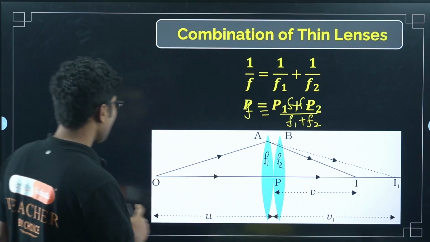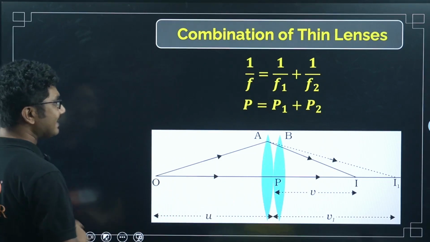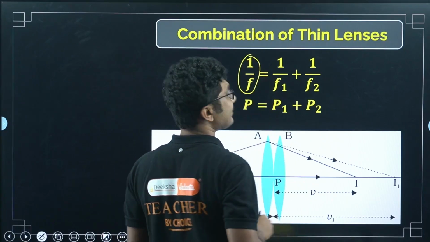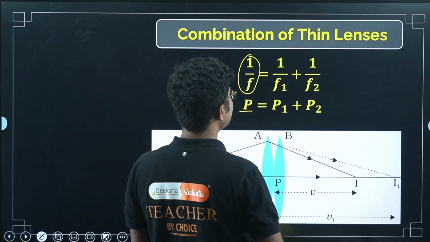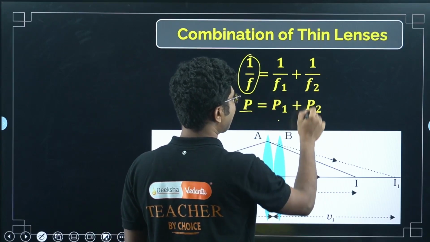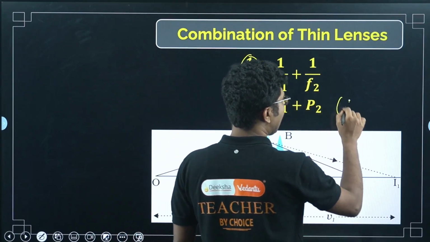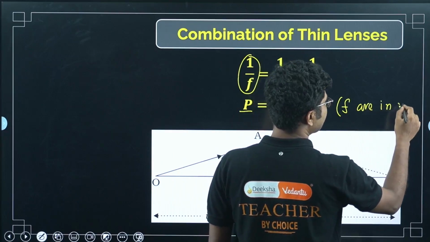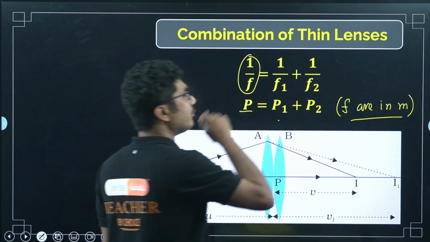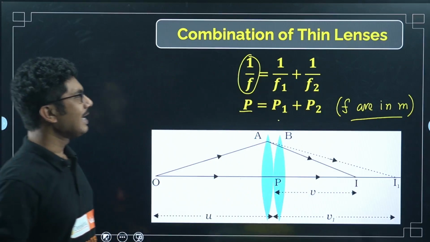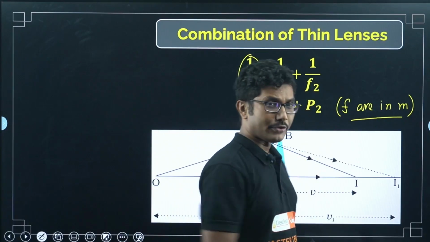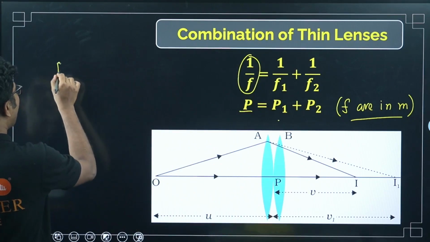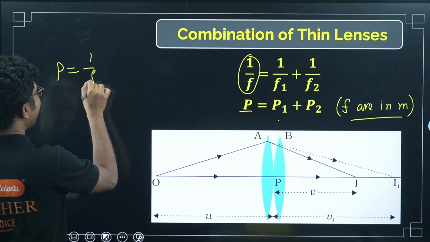Now the power of the lens: 1 by F is power. So the power of the combination is given by P equals P1 plus P2, but here the F's are in meters. So if you put all the F's in meters, then you can use these equations. If it is not given in meters, you should remember that power is equal to 1 by F when F is in meters.